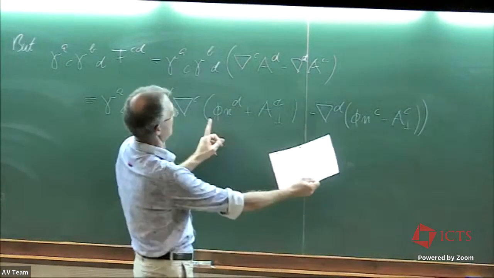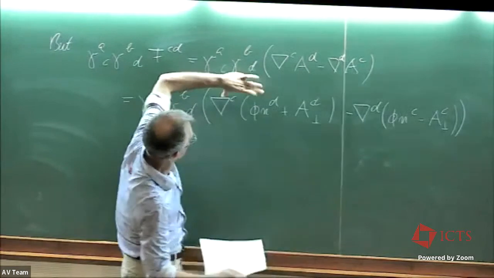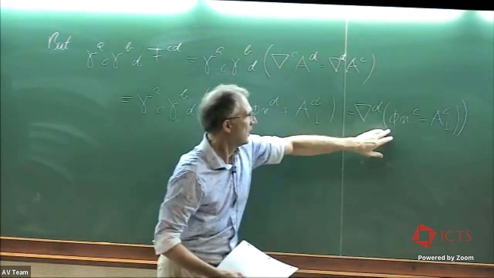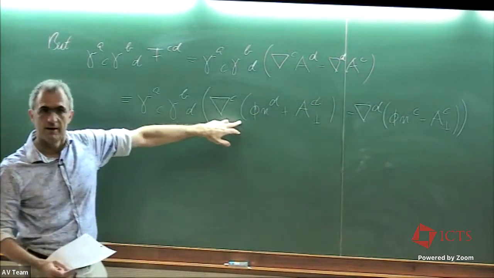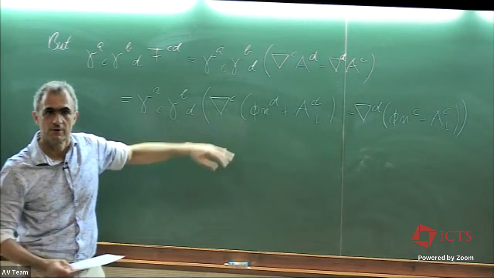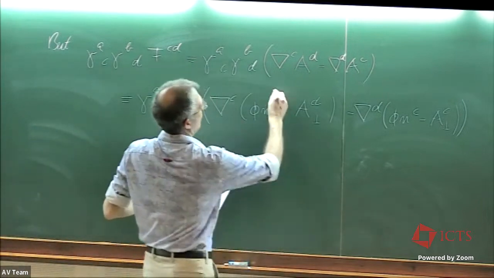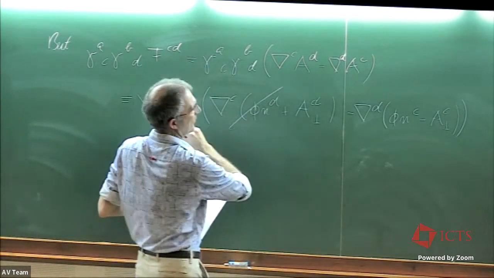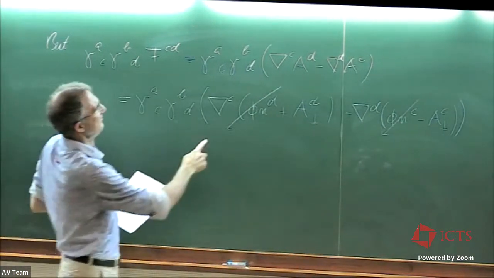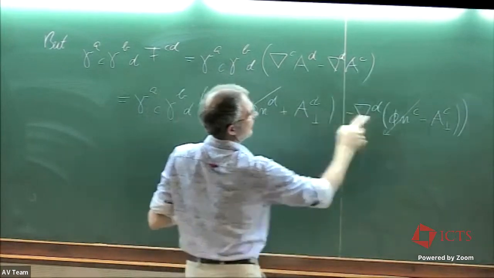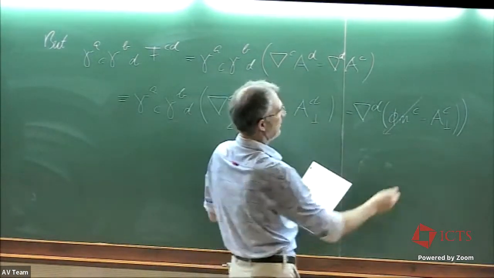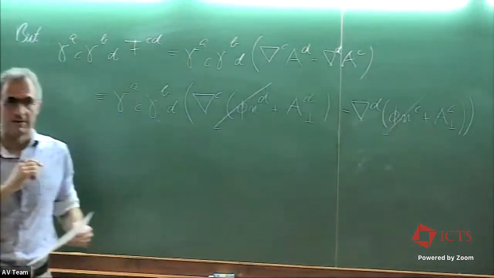Now, my claim is that these two terms, nabla acting on phi n_D and nabla_D acting on phi n_C, cancel, and I assigned that as an exercise in the tutorial. Maybe you already worked that out, or we can talk about it later if you'd like, but these first two terms cancel. That means I'm left only with the derivatives acting on the spatial parts A_C. Nobody warned me that I had a wrong sign there.